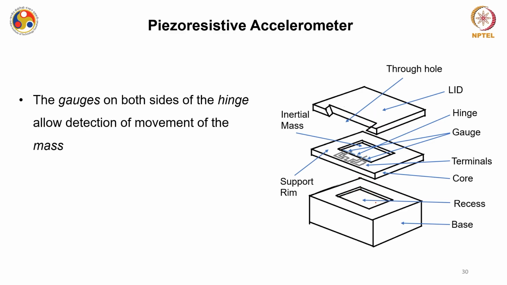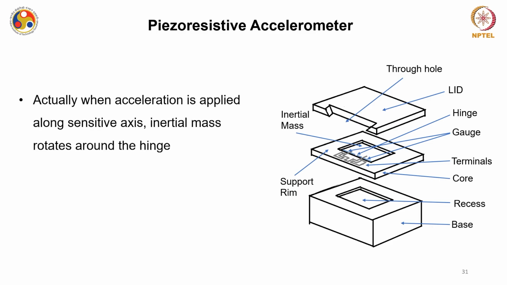Please note that the gauge is placed on either side of this proof mass. So the gauges on both sides of the hinge allow detection of the movement of the mass. When acceleration is applied along the sensitive axis, the movement of the inertial mass is rotatory, so it rotates around the hinge.